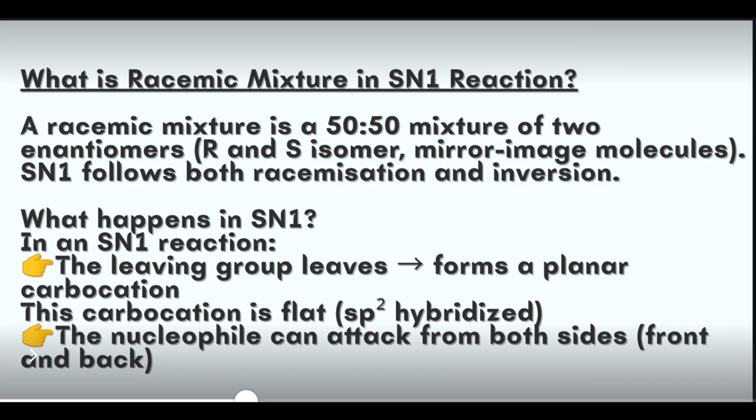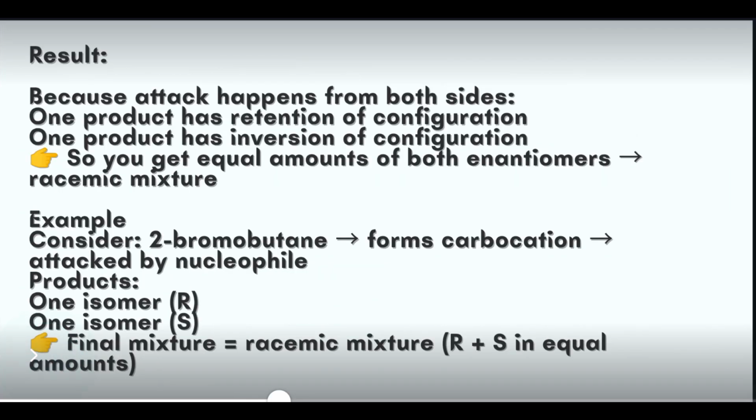So the nucleophile can attack from both sides, front and back. Because attack happens from both sides, one product is formed with retention of configuration and another with inversion of configuration. So you get equal amounts of both enantiomers, that is called a racemic mixture.